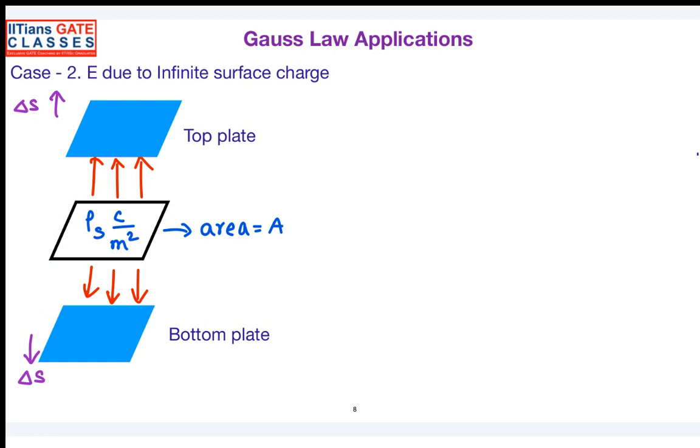What is the meaning? There will be some amount of flux in the upward direction and some amount of flux in the bottom direction, right? So first, to enclose this surface charge, I have placed one plate on the top side and one plate on the bottom side. Can you say this top plate and bottom plate together can be considered as a closed surface?